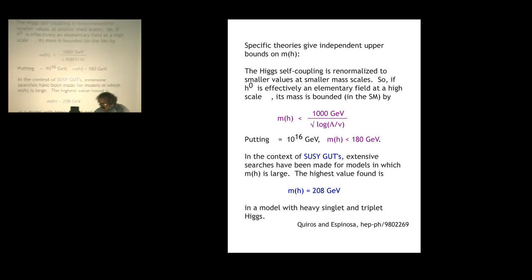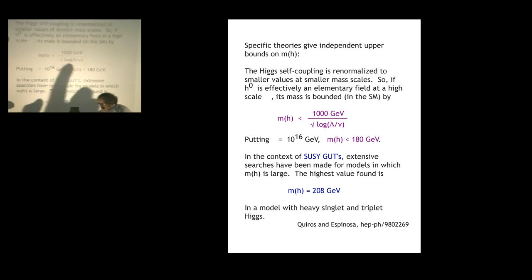If the Higgs is effectively an elementary field up to a scale lambda, it starts with some self-coupling. That self-coupling is renormalized to smaller values by the renormalization group as you come down to the TeV scale. And of course, the mass squared of the Higgs is proportional to that coupling. So the mass of the Higgs then gets an upper bound.